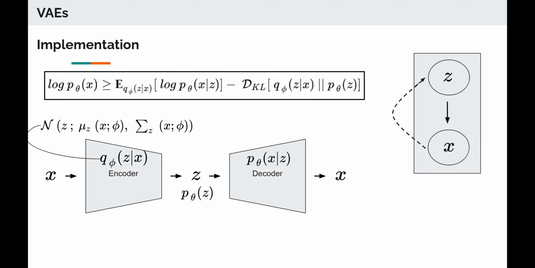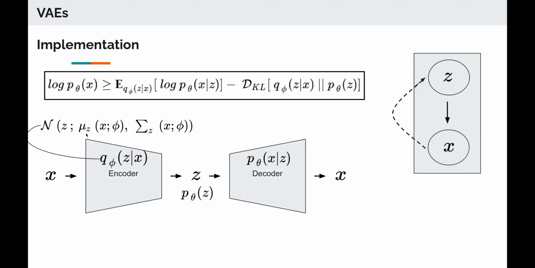So in particular, what is commonly done is that this distribution, q phi z given x, is modeled as a Gaussian distribution. A Gaussian distribution is defined by its mean and a covariance matrix. So we have a mu in the z space, which is a function of x and depends on parameters phi.